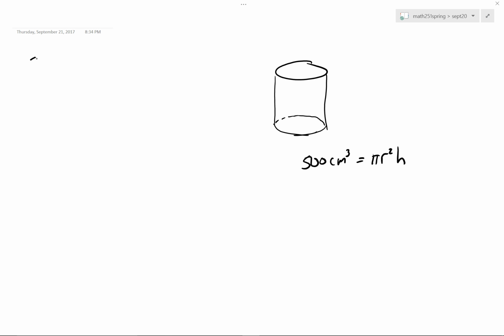Now the surface area for a can like this is what? It's 2 pi r squared. That's the lids, the top and the bottom, plus a 2 pi r h. That's the side. If you don't remember that, take a piece of paper and roll it into a cylinder.